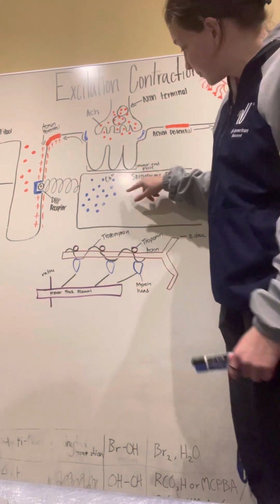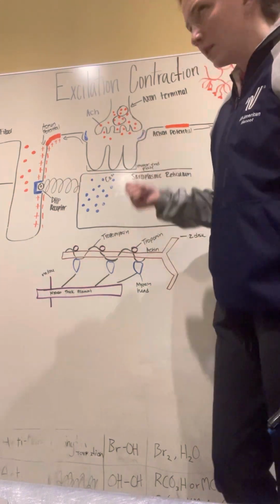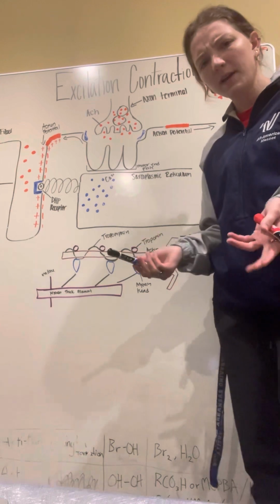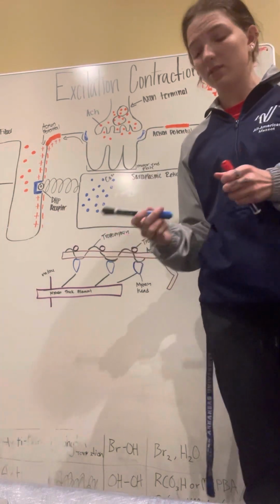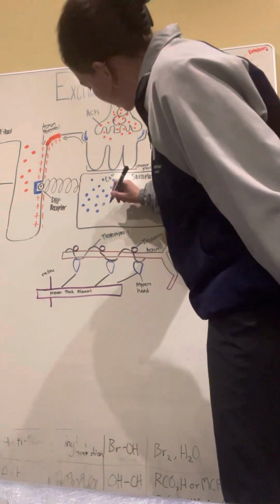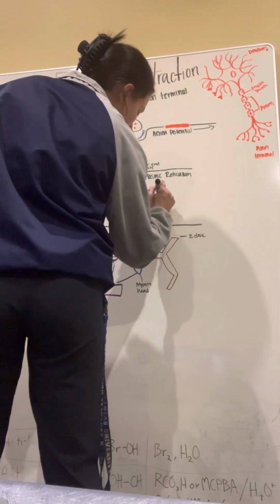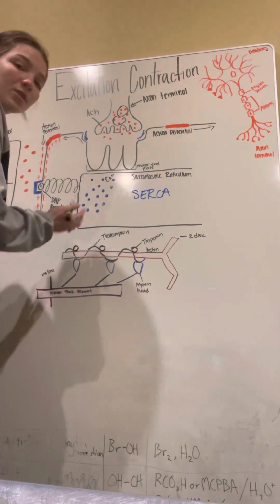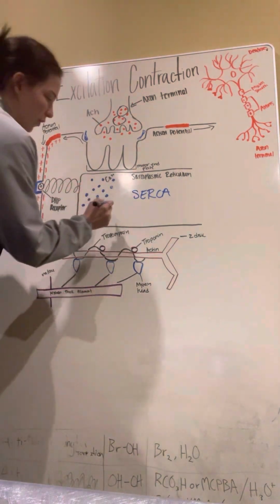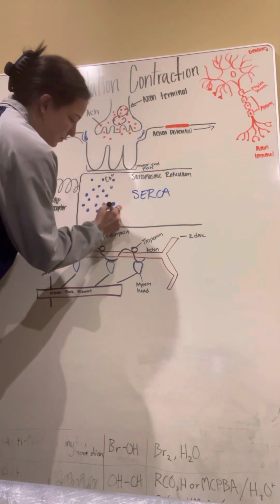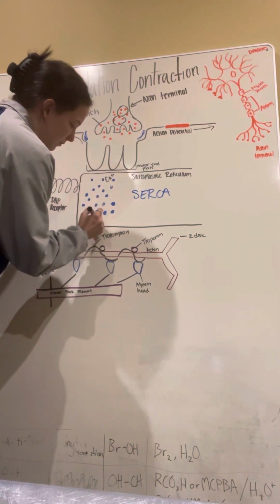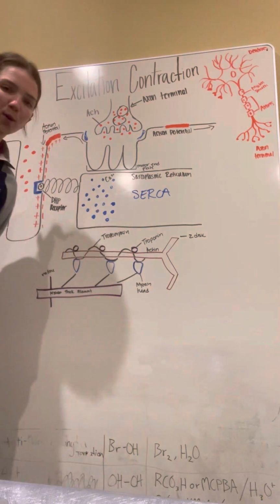Say goodbye. Well, how do you get them back? Well, that's the job of the SERCA. The SERCA is going to replenish this SR with its calcium ions. It's going to bring them back. And now you have more little blue dots.